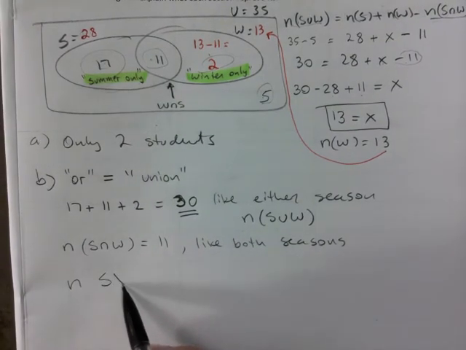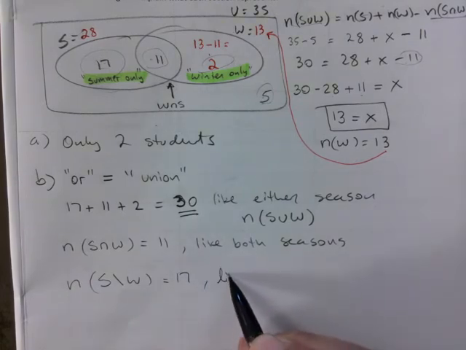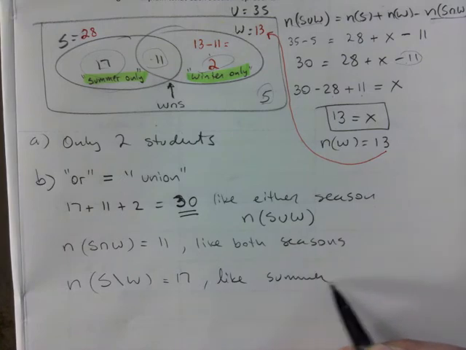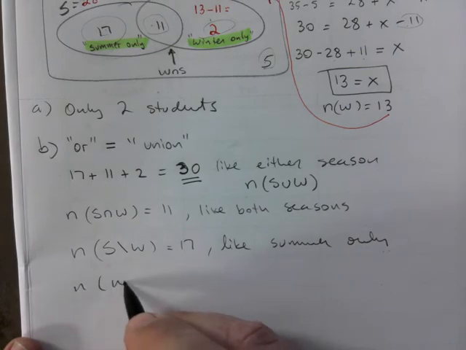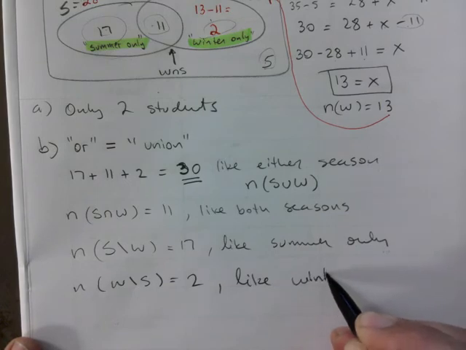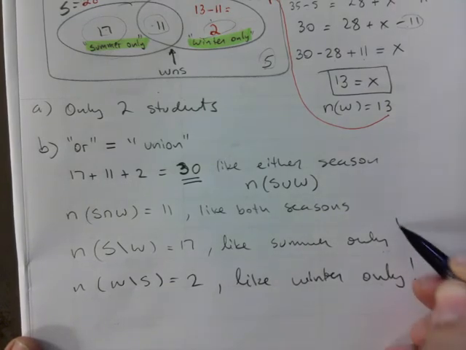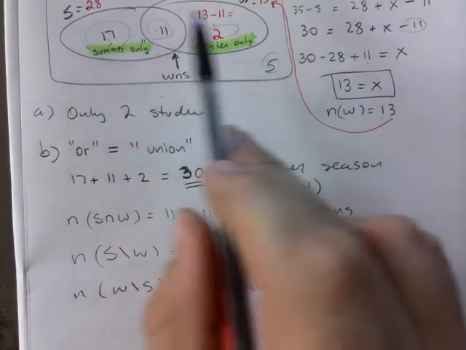N of S, not W, right, is 17, like summer only. And then the other one, N of W, not S, 2, like winter only. That's why I left so much room there for that. So in a sense, on a Venn diagram, when it's only 2 sets, you have 3 sections inside those sets. 3 sections. Only, both, only, right? Only, both, only. Okay.